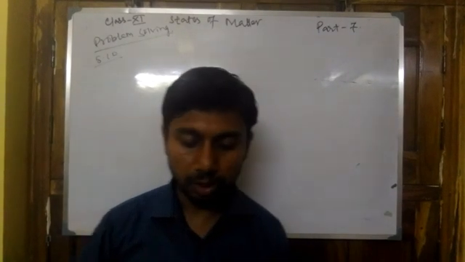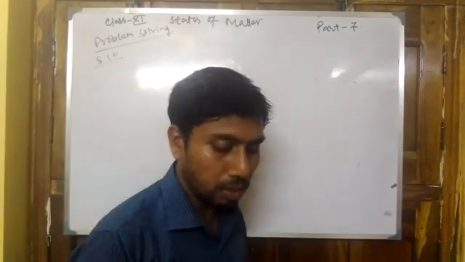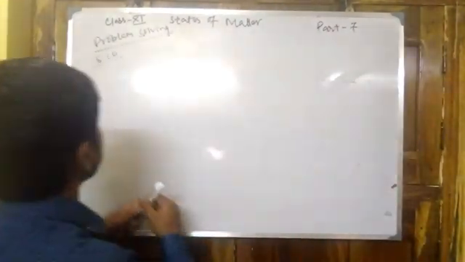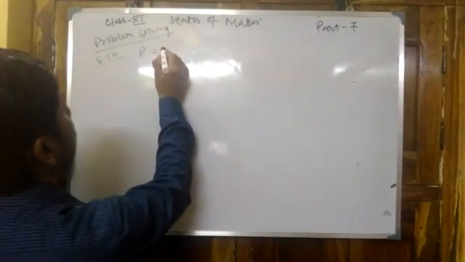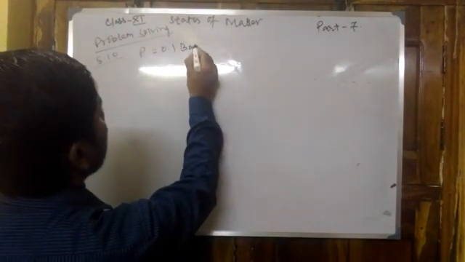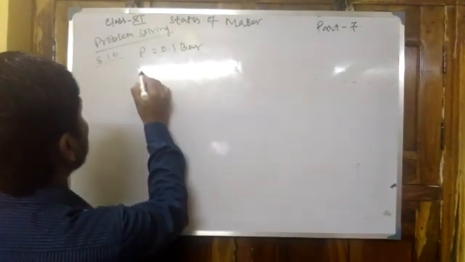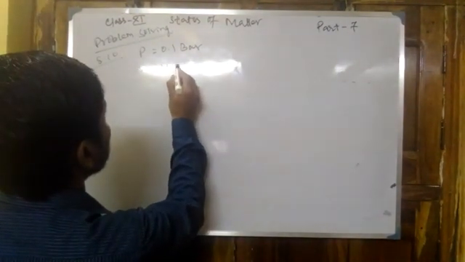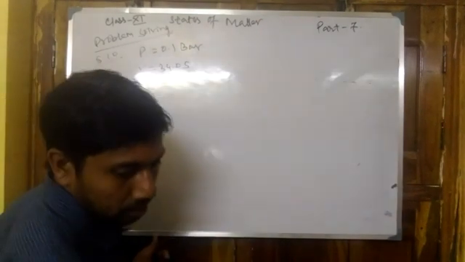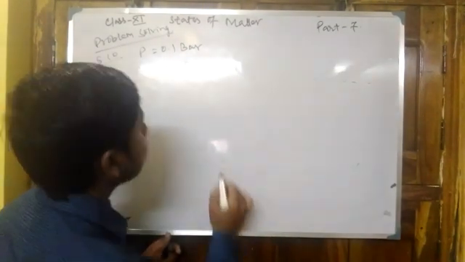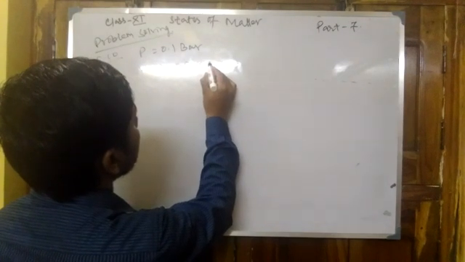Now first of all write down the data: P equal to 0.1 bar, V equal to 34.05. Now this is given in milliliter, so we have to convert it into liter.